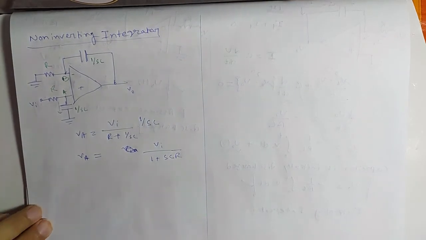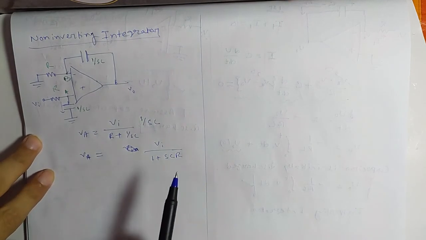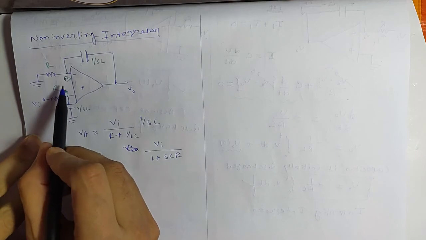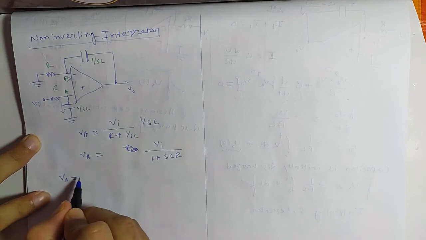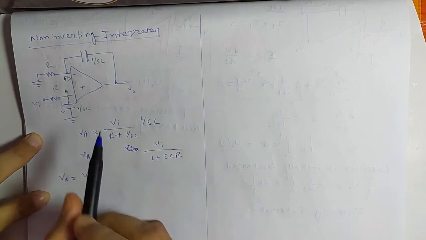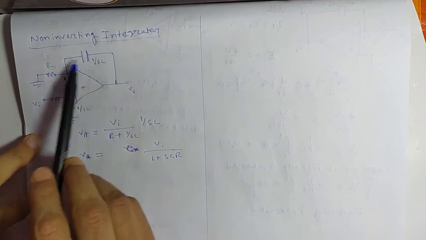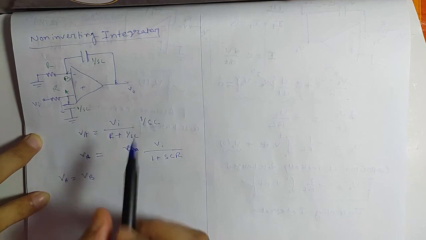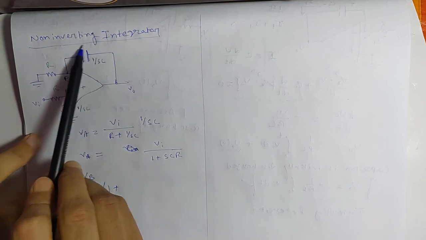Next, we know from non-inverting amplifier analysis that if this node potential is VA, then VA and VB will be equal. VA will be equal to VB, and you see here you have an element which is 1 by SC, here you have R. So from the non-inverting amplifier we know the output VO equals 1 plus RF by R. In this case RF is 1 by SC.